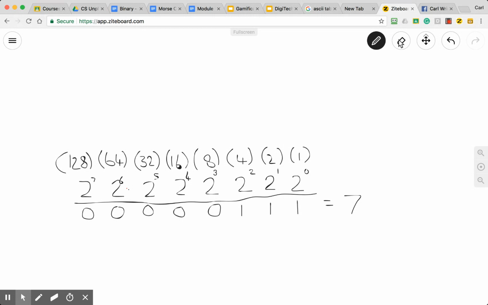If I add another 1, I have the 7 plus 8. So I have equivalent of number 15 stored.